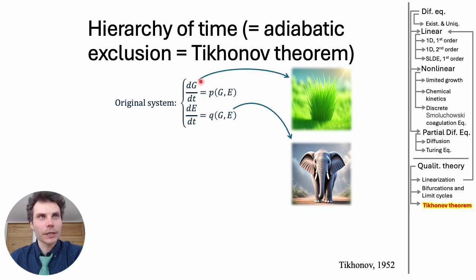For example, g is the amount of grass in a savanna, and e is the size of the elephant population that feeds on this grass. Obviously, grass grows very fast and elephants multiply very slowly.